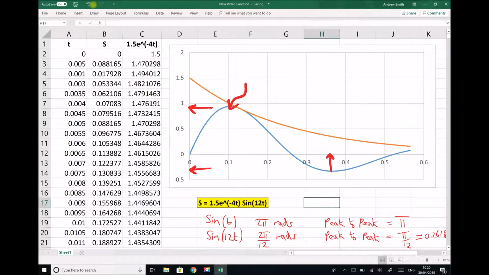So what we have here is our distance to the first peak, or the first turning point on our graph, of 0.1041. And the distance to our next peak is going to be an additional pi over 12, or 0.2618.